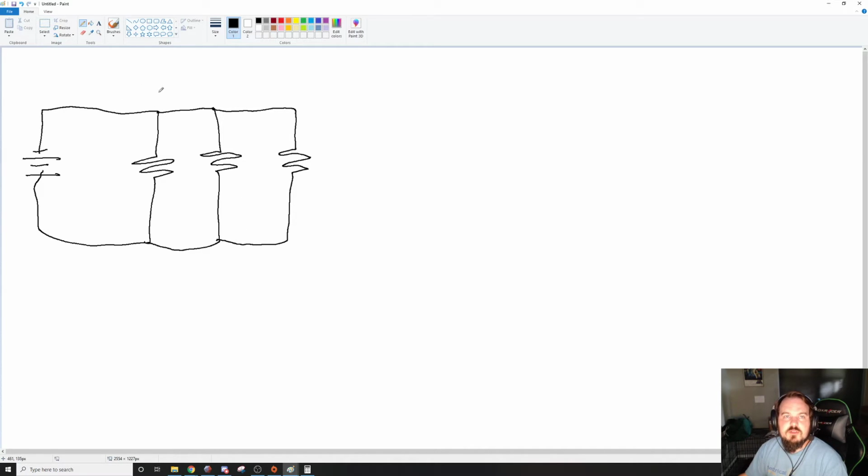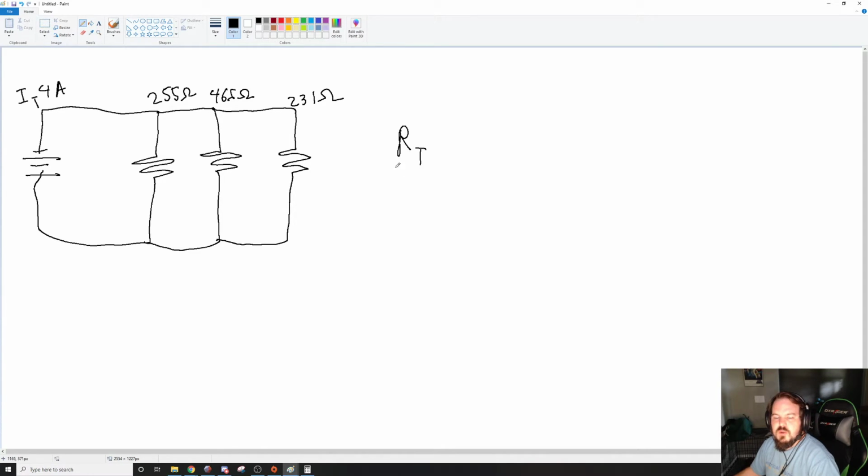So we have 255 ohms, 466 ohms, and 231 ohms. I total is 4 amps. I didn't put any units on this chart. So our total we don't know.